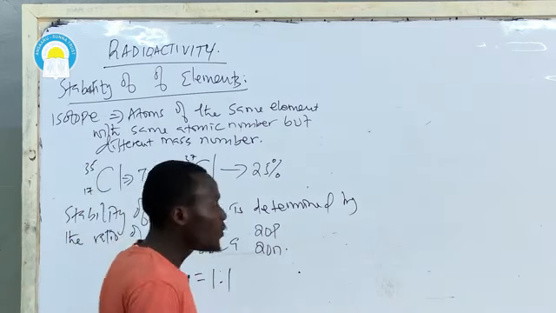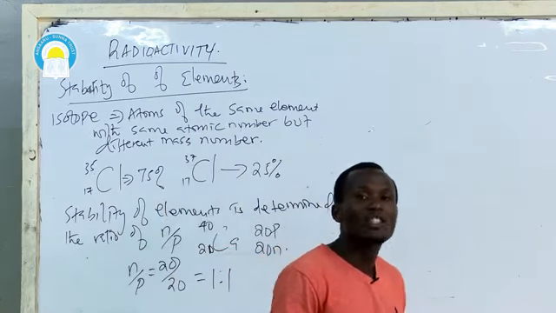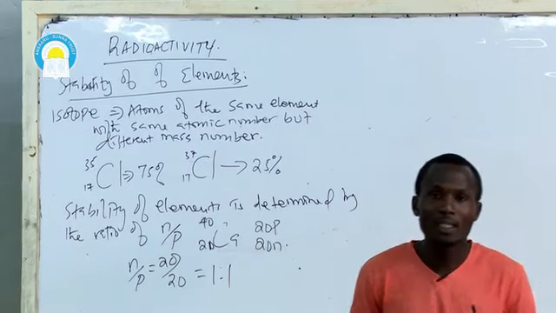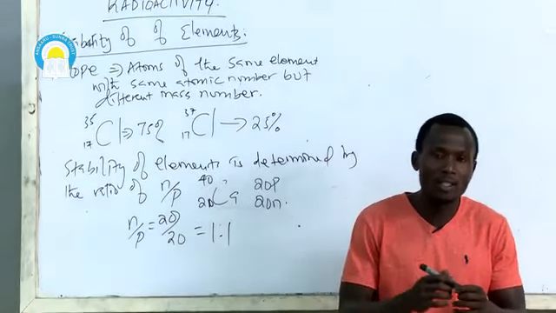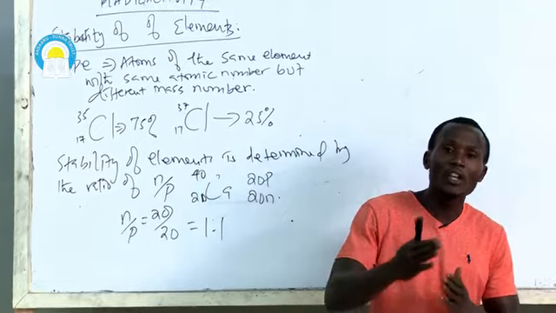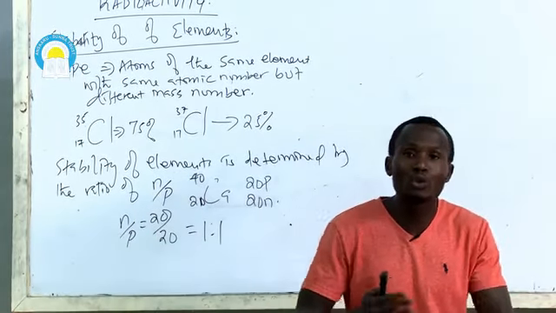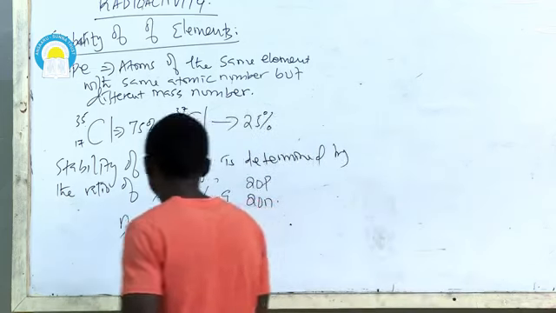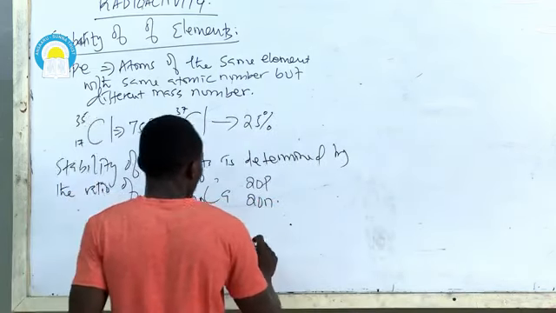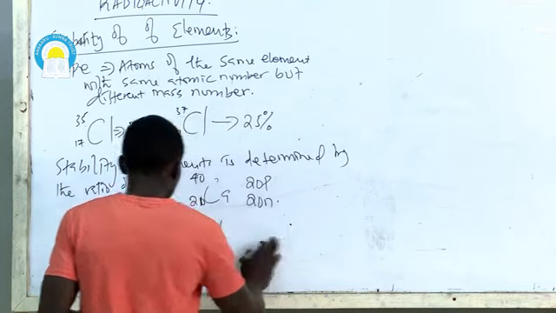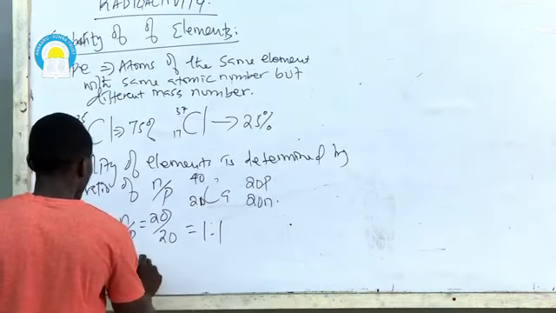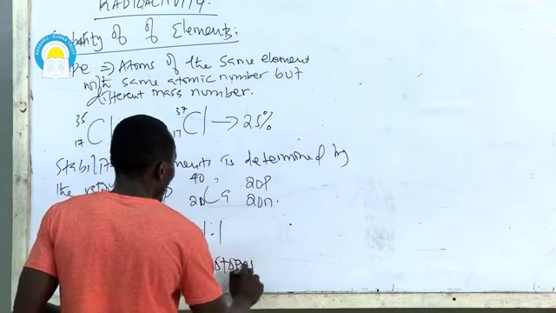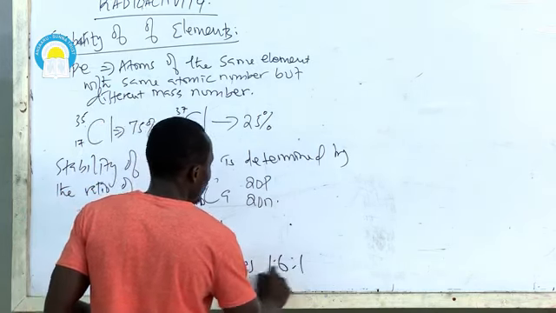So we say this element is stable. As the number of nucleons continues to increase, the ratio also continues to widen, and the range of stability goes up to 1.6:1.